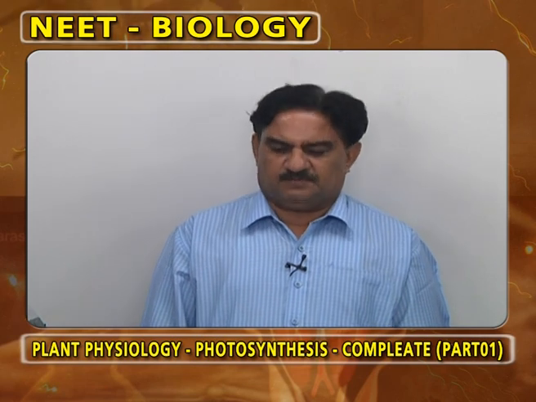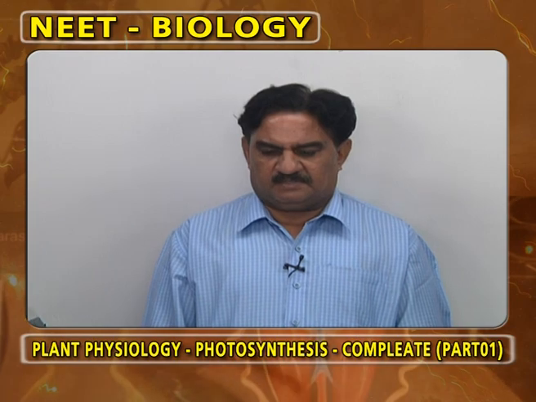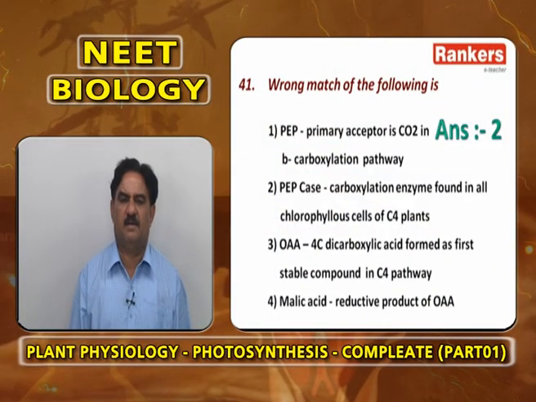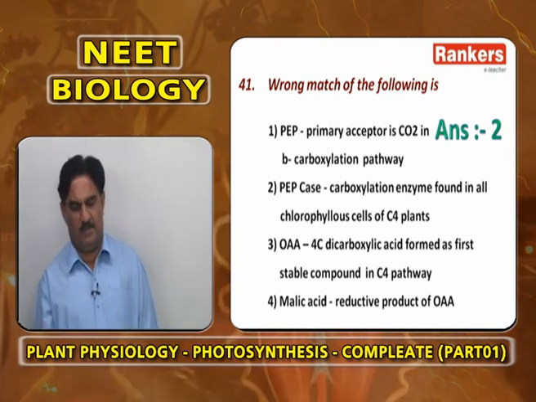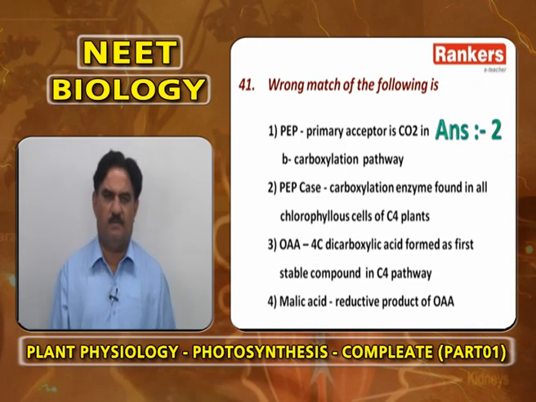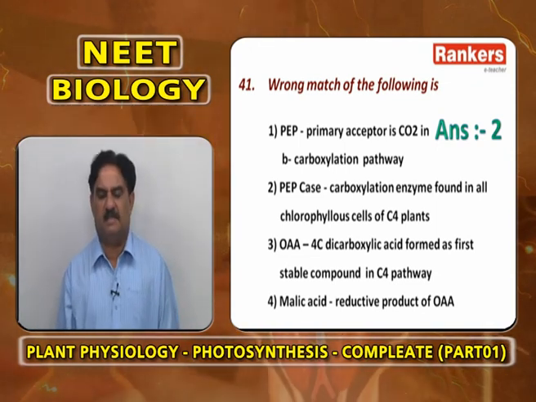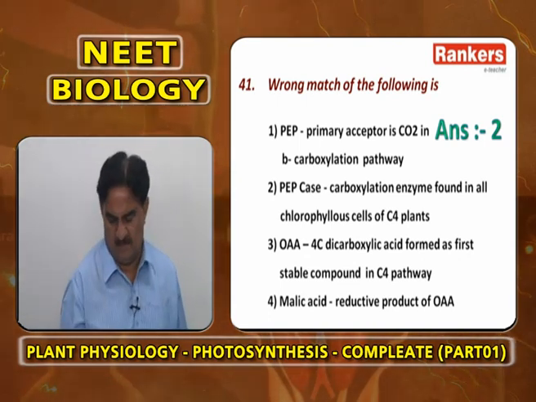Malic acid, reductive product of oxaloacetic acid, is correct. So the wrong match is PEP carboxylase, because it is absent in bundle sheath chloroplasts. It is present only in the mesophyll chloroplast.